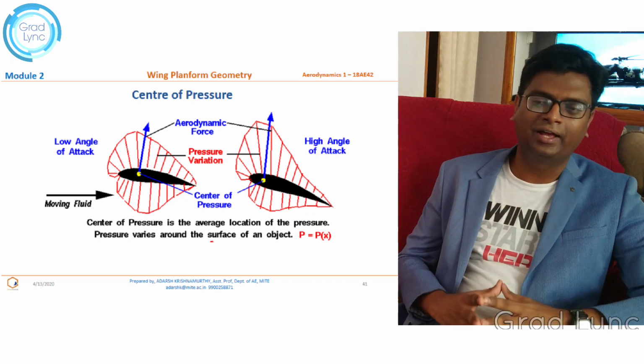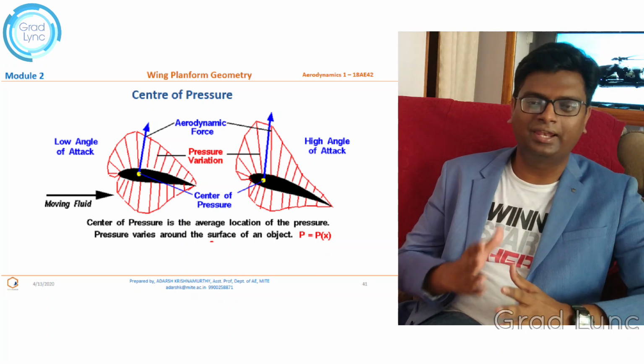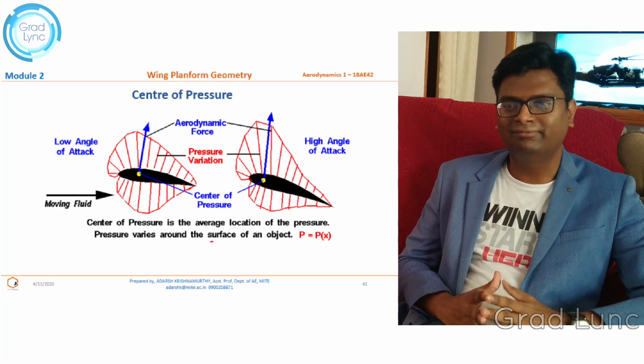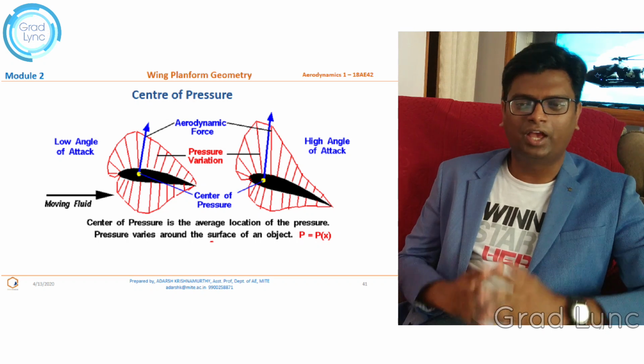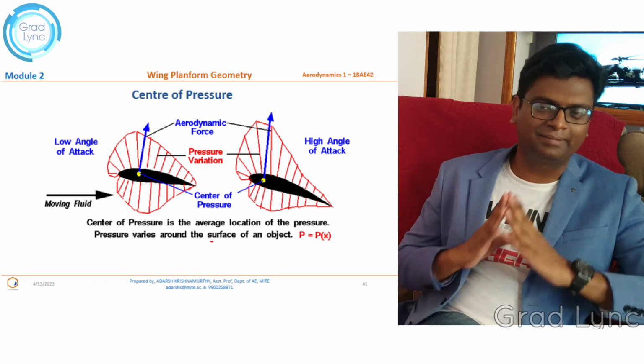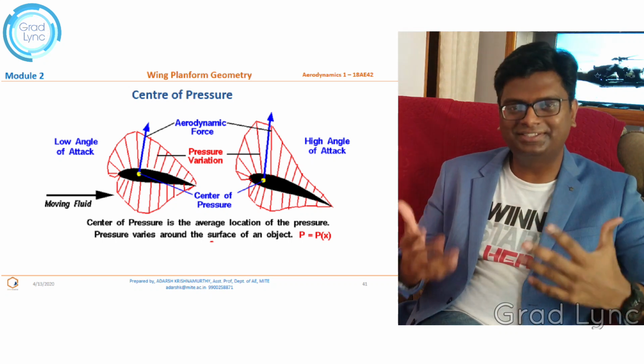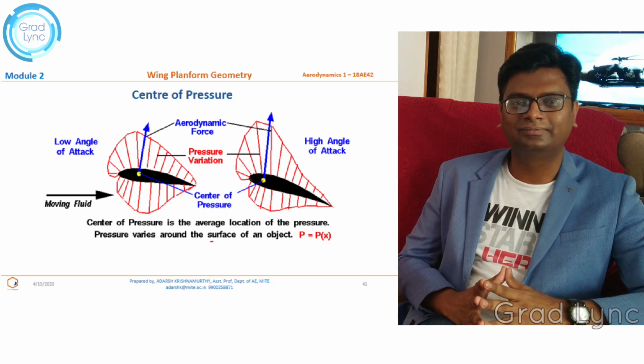So if you see, I have two diagrams, one on the left with low angle of attack and the one on the right with high angle of attack. If you observe carefully, the position of center of pressure is changing with change in angle of attack, right?